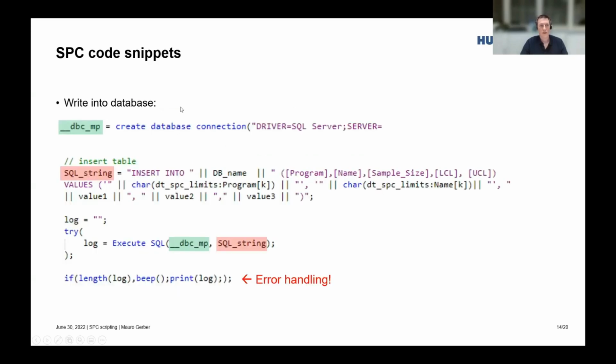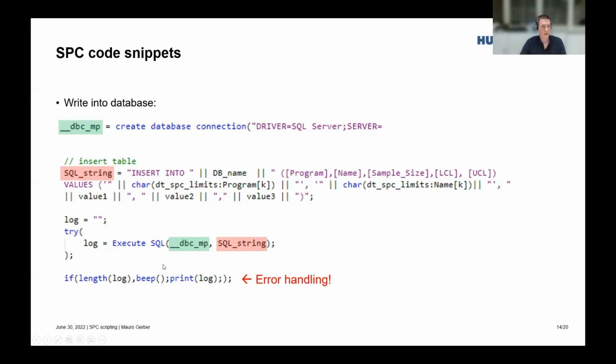When I write into the database, I use the code create database connection. I set the reference, and then there is a SQL statement I put together from insert into which database name it is. Then what I write, that's from the list. I generate program name, sample size, and the control limits, and then execute these SQL statements from the connection string and the SQL string.